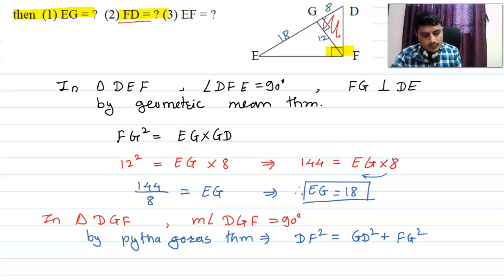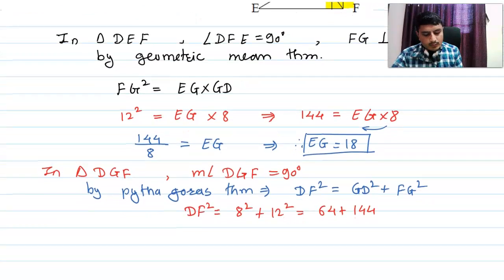Look at the values we are getting here. DF square equals 8 square plus 12 square. 8 square is 64, 12 square is 144. So the value of DF square is 64 plus 144, which becomes 208.